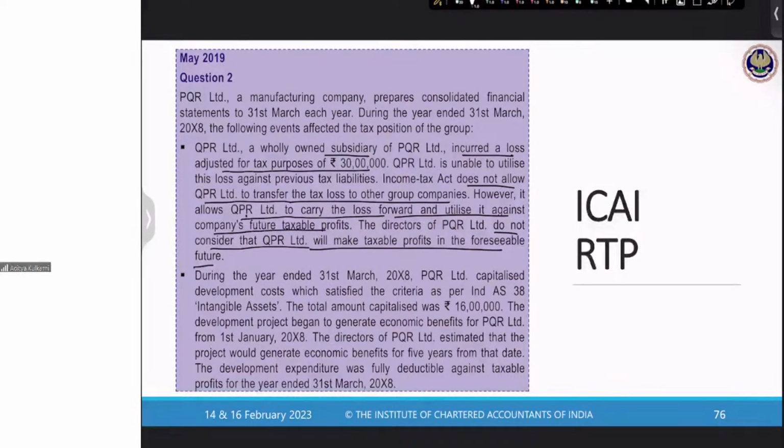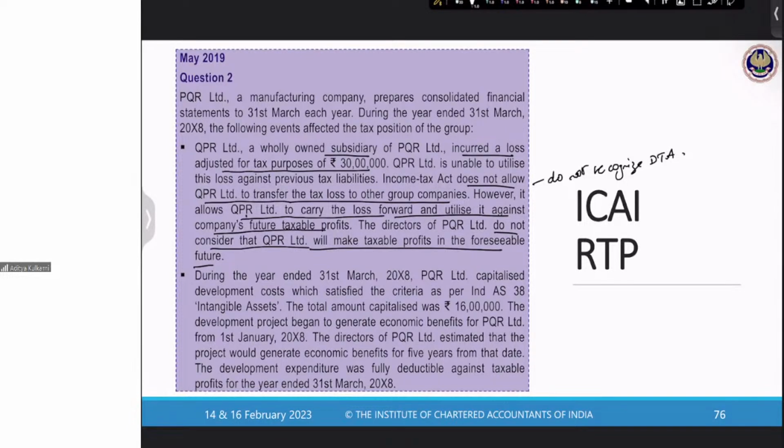But you tell me, can I recognize a DTA on this? No, because there is no profit. So do not recognize DTA. All right. Next.